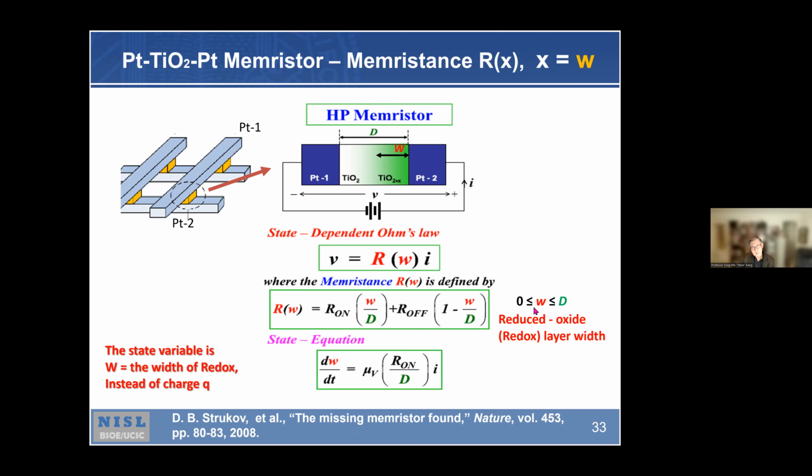So that's a state variable, W. And you can explain this one: voltage is equal to a function of W as a state variable times current. So this is memristance. Memristance depends on the width of this reduced oxide layer in the device, for instance.